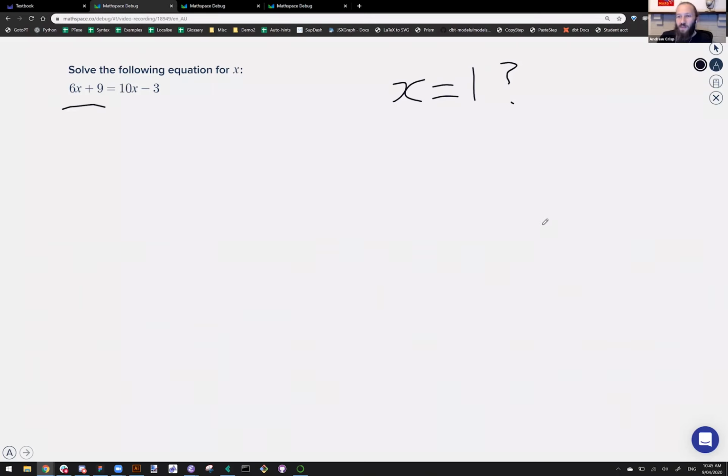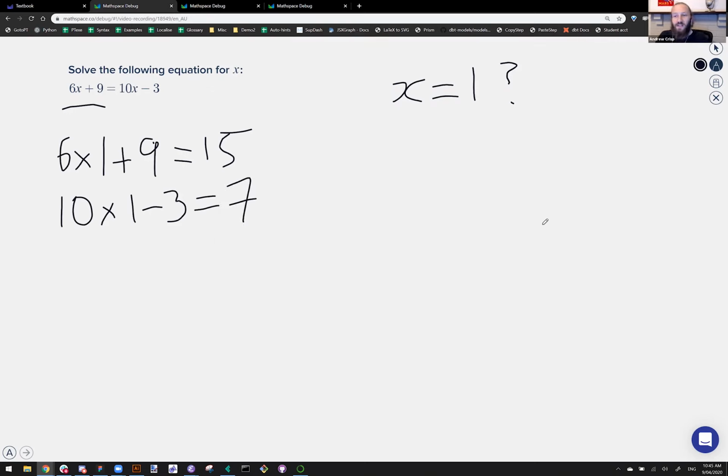This left-hand side, what does it become? 6 times 1 plus 9 equals 15. Nice. 10x minus 3. 10 times 1 minus 3. 10 minus 3 is 7. 7 and 15 are different numbers. So, no.